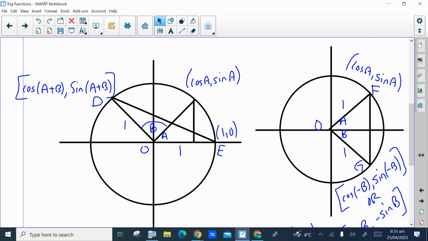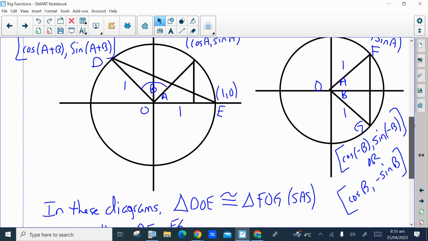Then we take the second unit circle on the right, and you have the same angle A. So again, the endpoint is cos A, sin A. And now instead of adding B onto A like we did in the first circle, in the second circle we're subtracting B, I guess, from the horizontal positive x-axis.